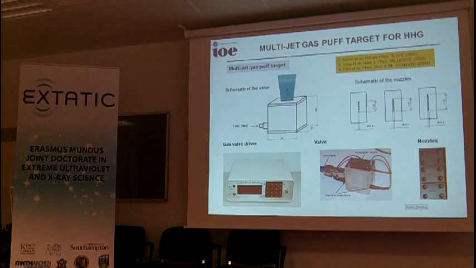And recently, because there is some interest to use multi-jet gas puff targets for high harmonics generation, as demonstrated in experiments in Germany, in Italy, and Valer Tosha made a very nice simulation, and they presented that such a multi-jet system can improve high harmonic generation.